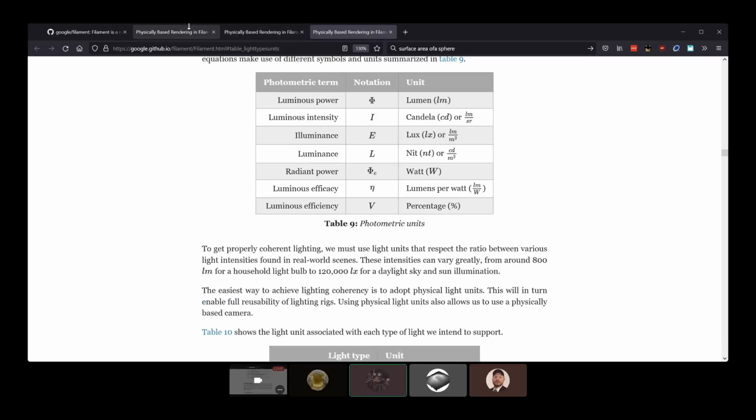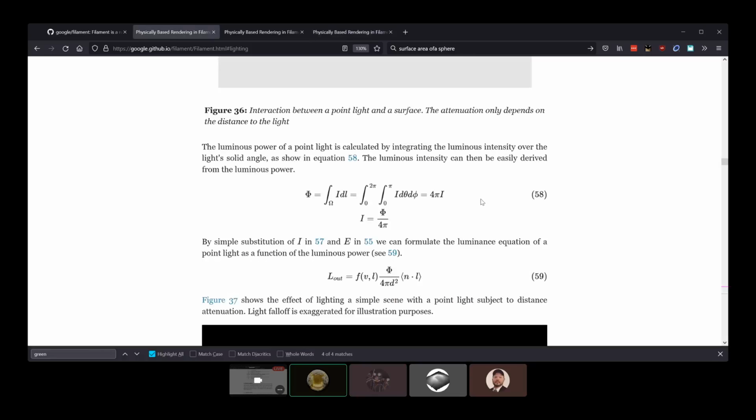So it doesn't matter how big the sphere is that you're integrating over. Oh, because it's a constant. I mean the intensity of the light. Okay, yeah, that makes sense.